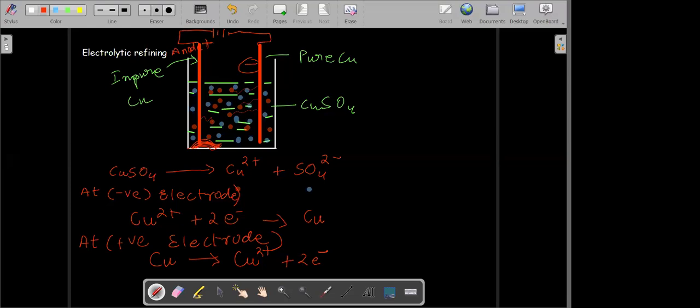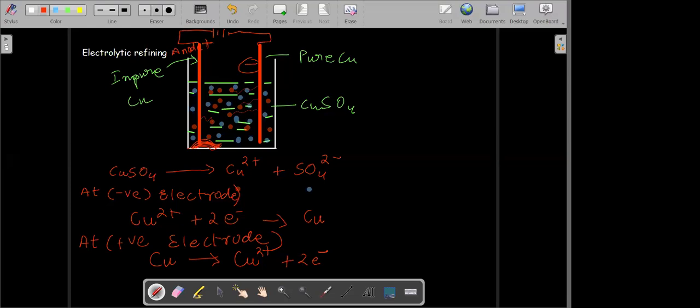Then, when electric current is passed through it, the positively charged copper ions get deposited on the negatively connected cathode. When one copper ion gets deposited on the cathode, one copper atom from the impure anode leaves the anode and dissolves in the solution.